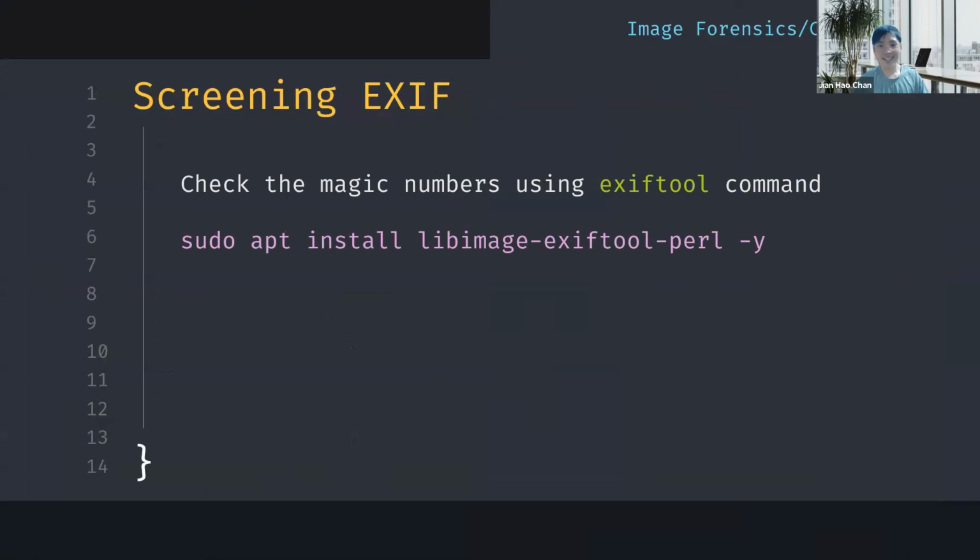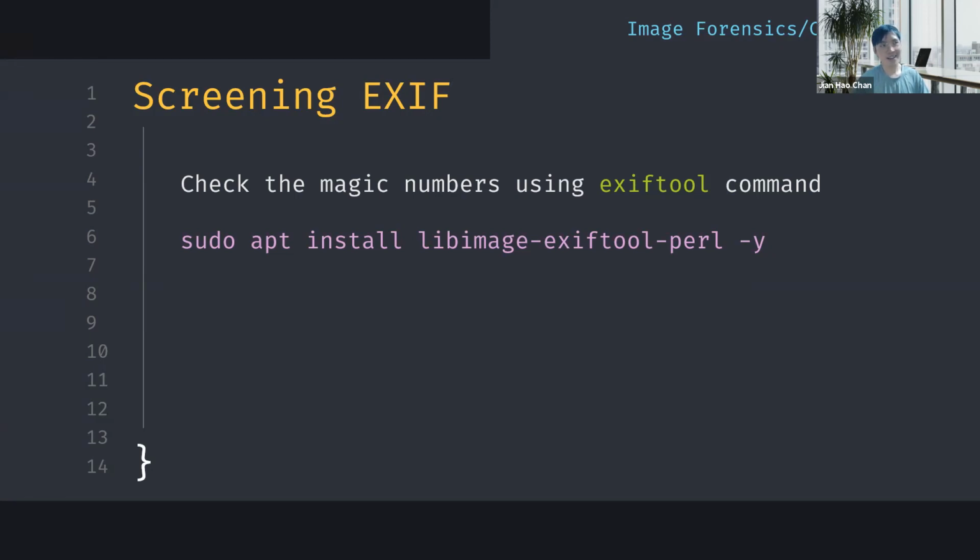EXIF stands for exchangeable image file format, and it's usually attached to image files when you take a picture using your digital camera or smartphone. They tend to contain useful information for the end user, such as the geolocation, which can be used in open source intelligence challenges to identify where the photo was taken, or other more technical information like the time and the manufacturer of the device used.